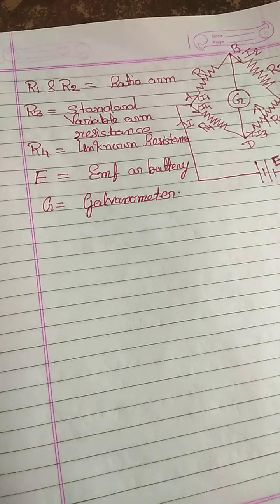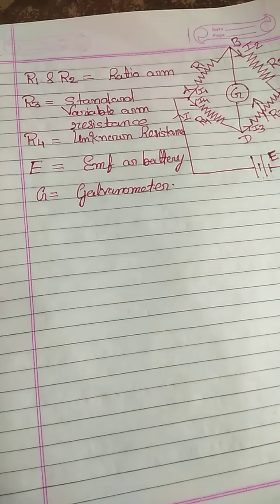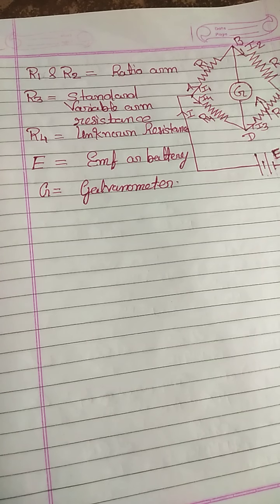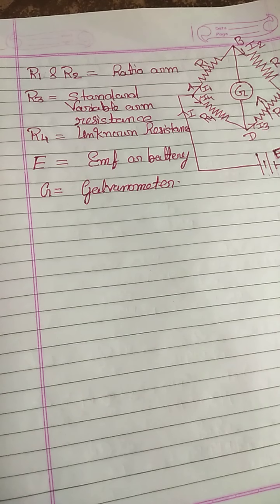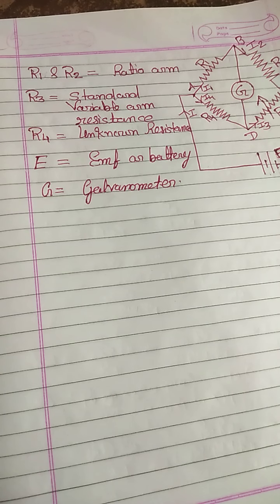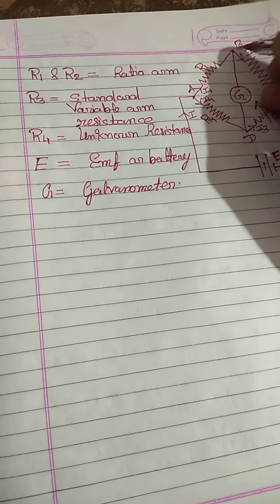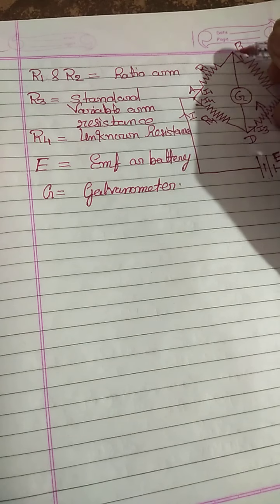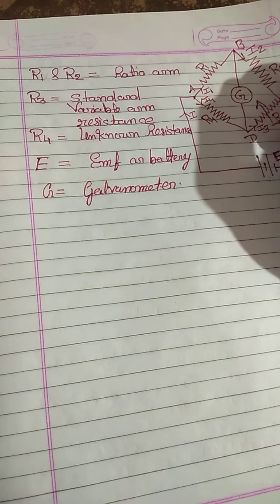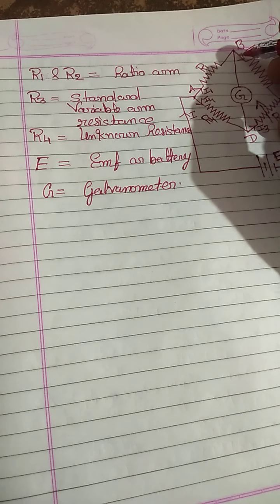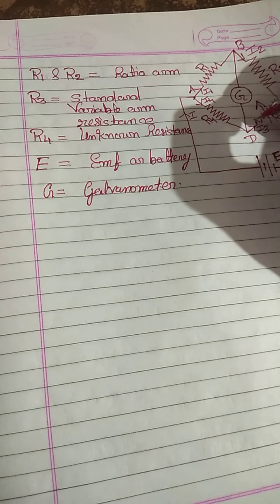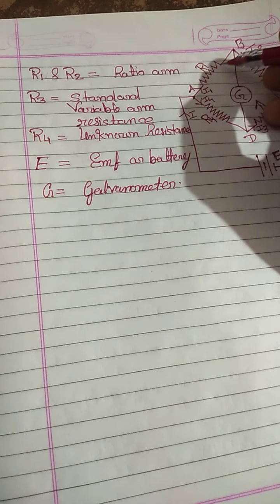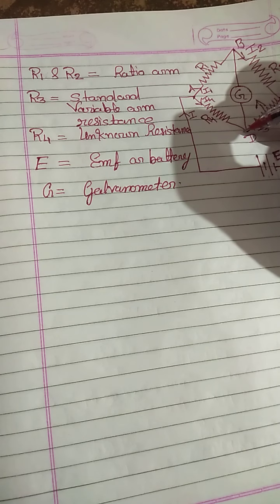Now, to keep the balance condition of the bridge, we need to determine the balance equation. But before finding the balance equation, the balance condition can be determined by balancing the potentials at B and D. If I want to make the potentials at B and D equal, I need to change the voltage drops so that the voltage drop across R1 equals the voltage drop across R2.